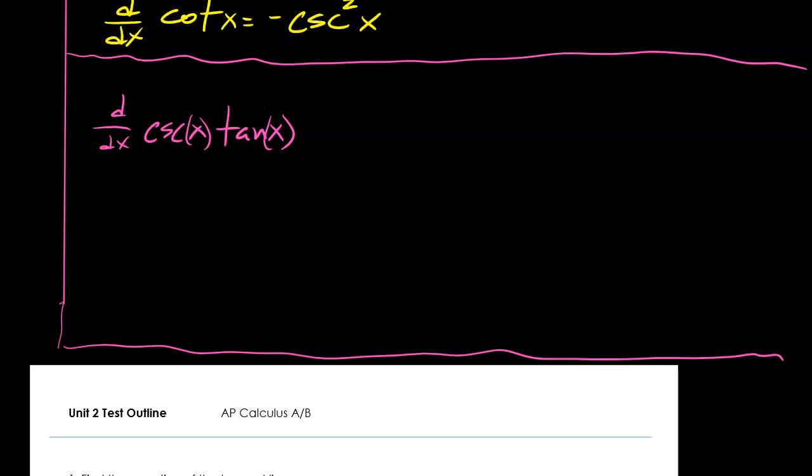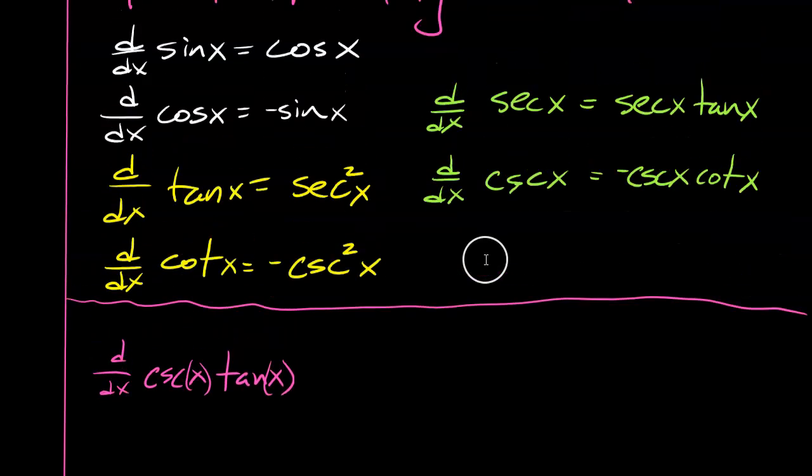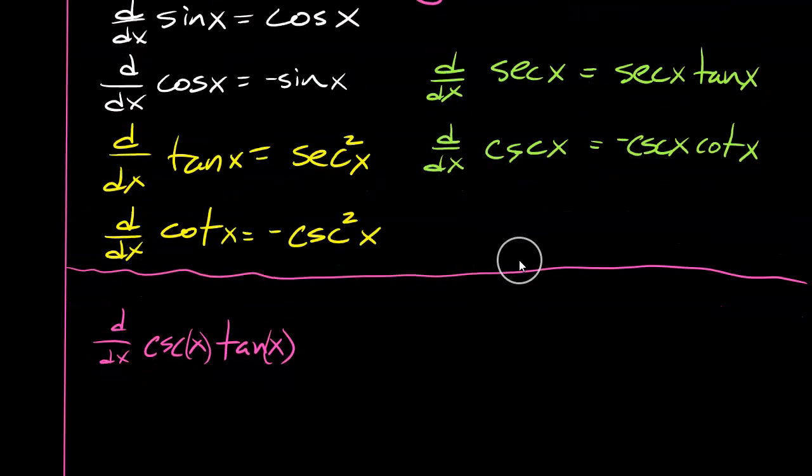So if we're doing product rule with cosecant and tangent, let me scroll up so you guys can see that work. Get them both at the same time.